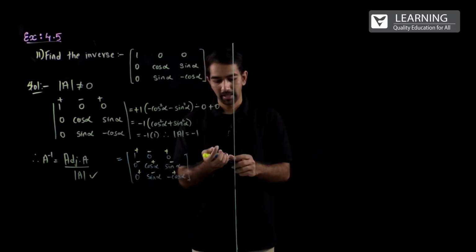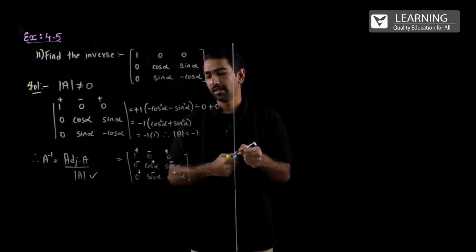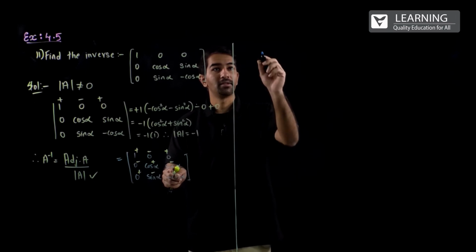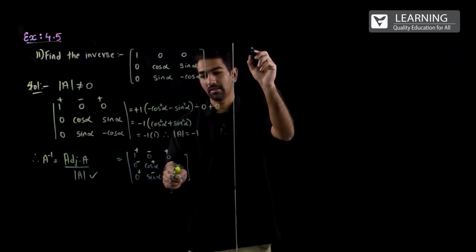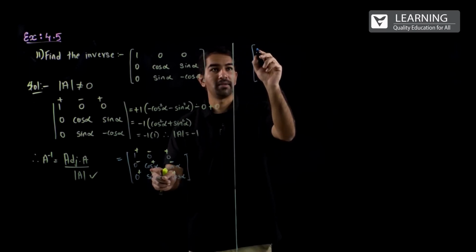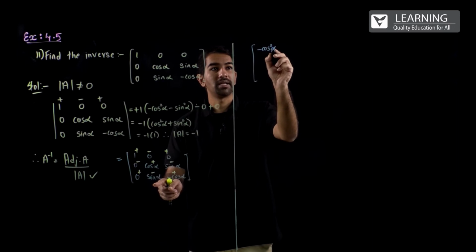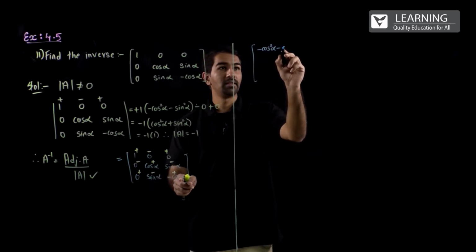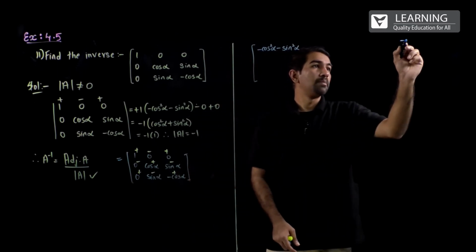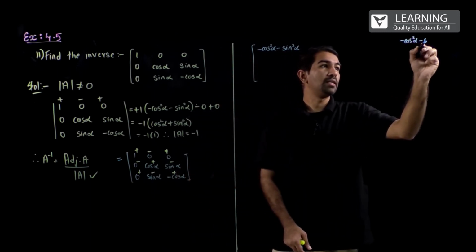Now we'll find the minors of each and every element. So what is the minor of plus 1? It is minus cos square alpha minus sin square alpha.